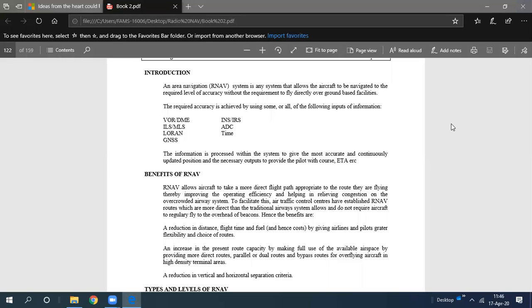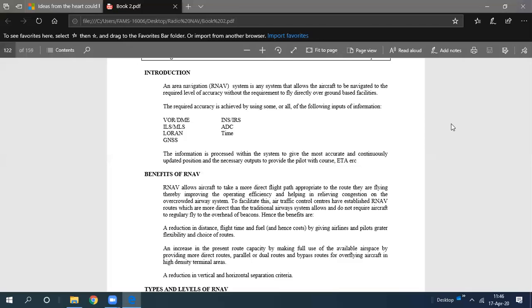Now, RNAV comes with certain conditions. You can't fly RNAV anywhere you want, anytime you want. There are certain criteria, certain requirements which we have to fulfill to fly an RNAV route. The aim was to fill in the gap created.